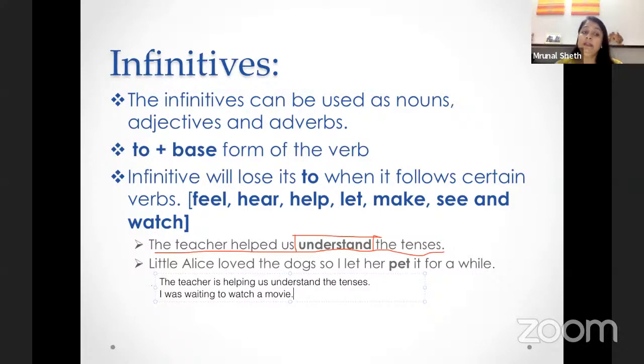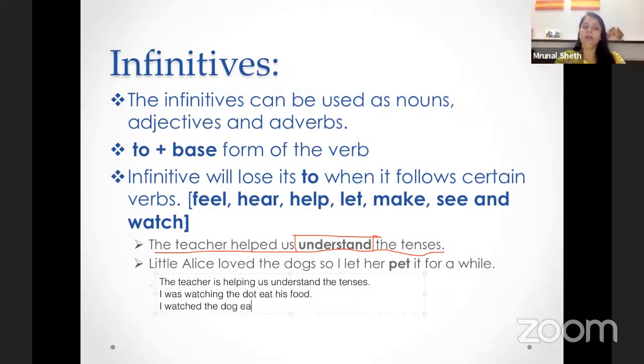Again, I watching... sorry. I was watching the dog eat his food, right? I was watching the dog eat his food. So, was watching the dog eat his food. Again, I watched the dog eat his food.